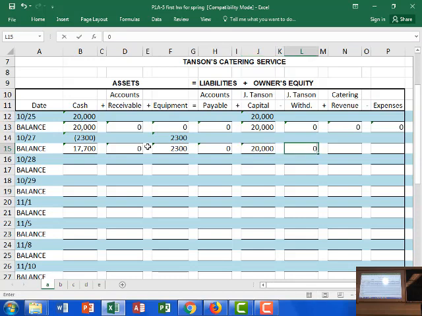The next thing, on the 28th, we bought additional equipment. He liked that oven, he wants another one. So he decides that he's going to buy additional equipment. Look at the verbiage: on account for $2,000. Are we taking it out of cash? No. On account means accounts payable. Why?